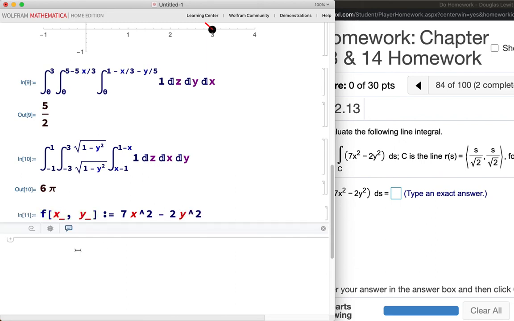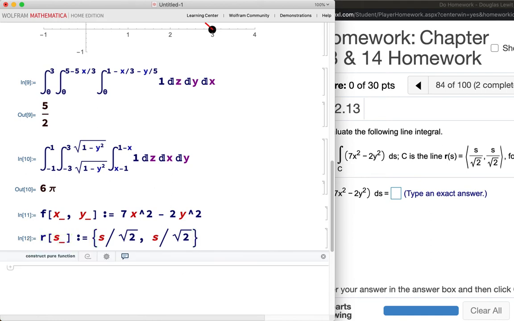Very simple, right? And then we have the curve r of s is equal to s over the square root of 2, and then s over the square root of 2.